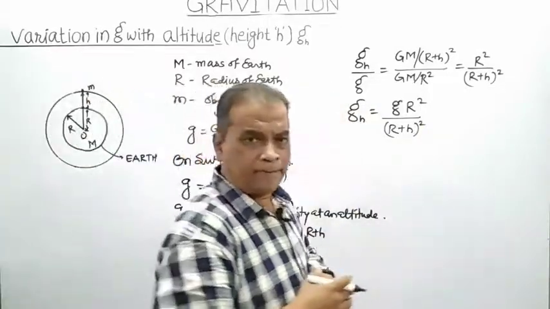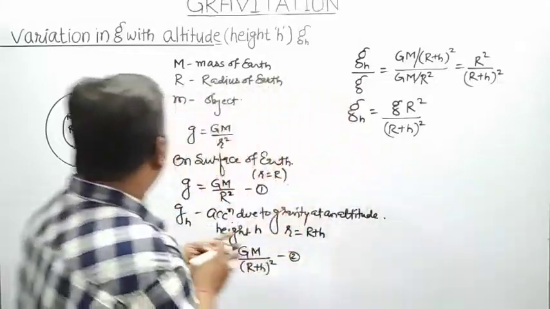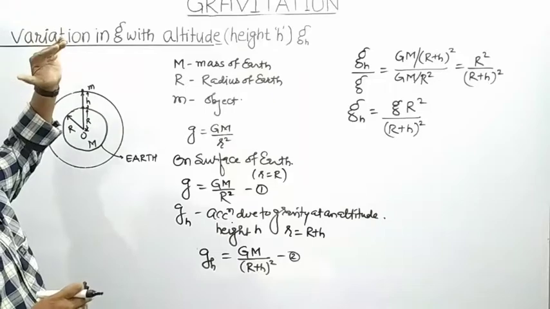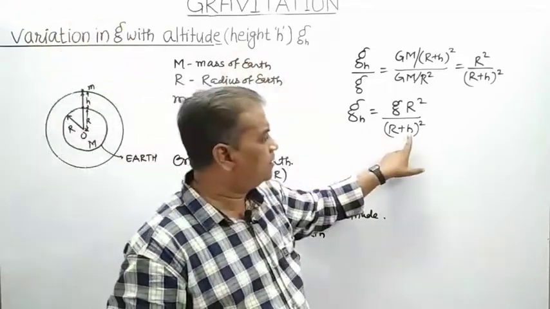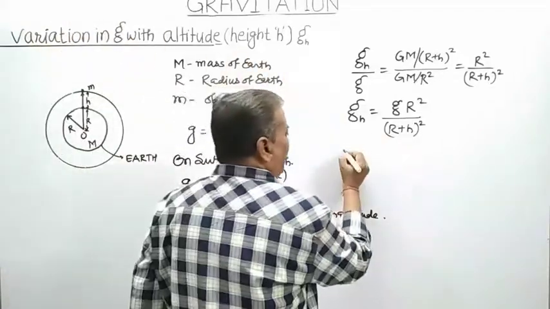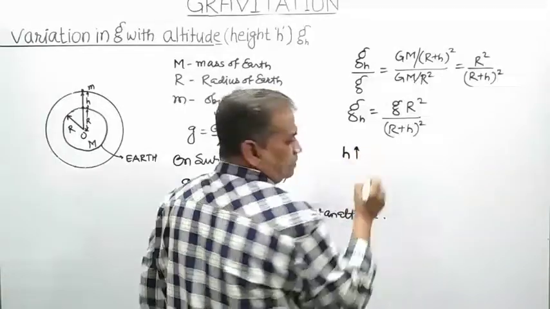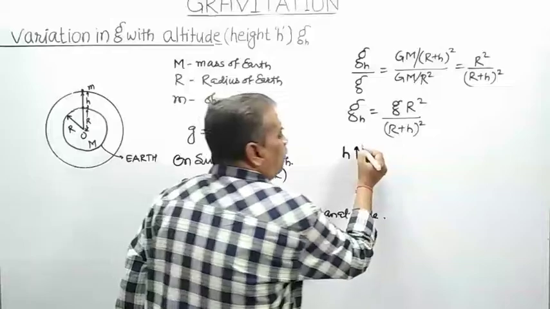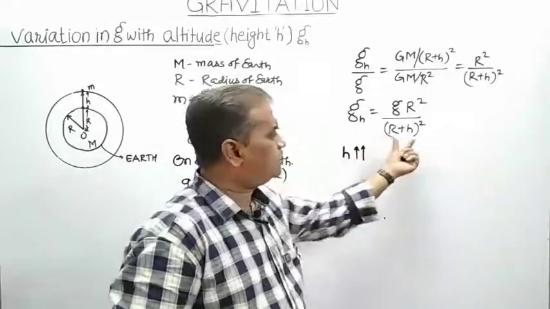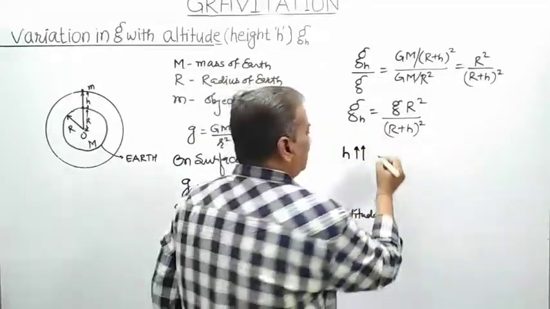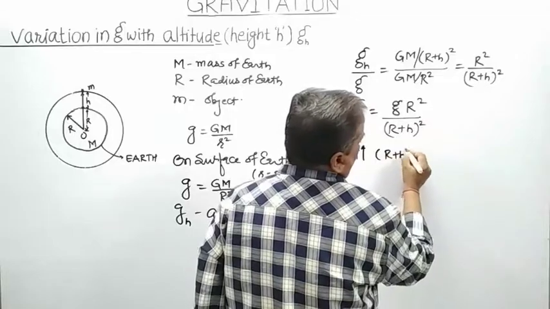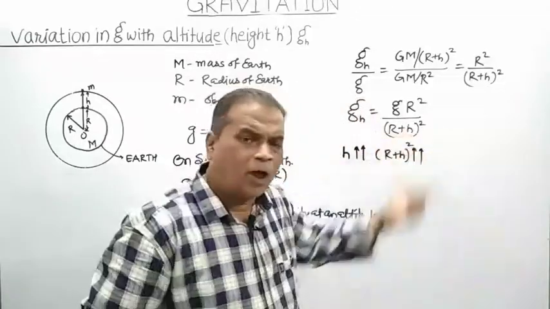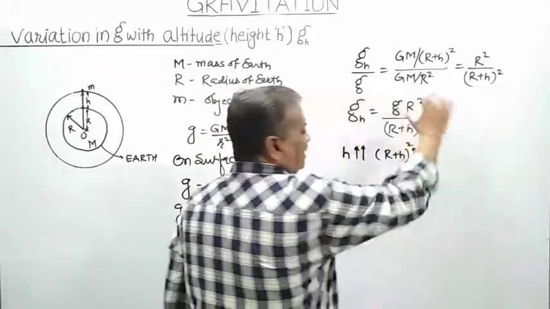Now see here, as the height of the object above the surface of earth goes on increasing, what happens to the denominator? (R plus h) whole square will also go on increasing. And when the denominator increases, what happens to that ratio?